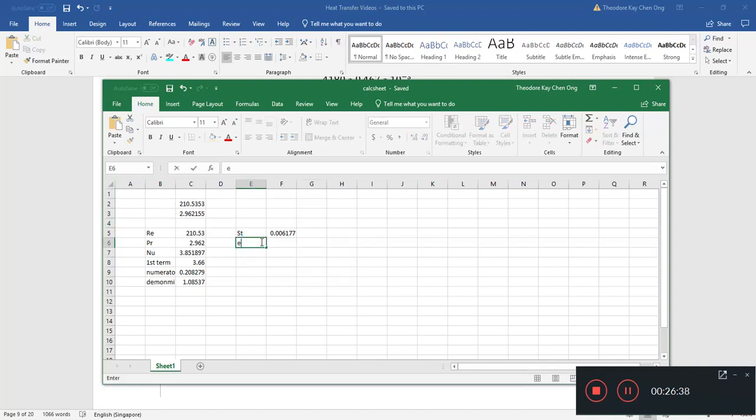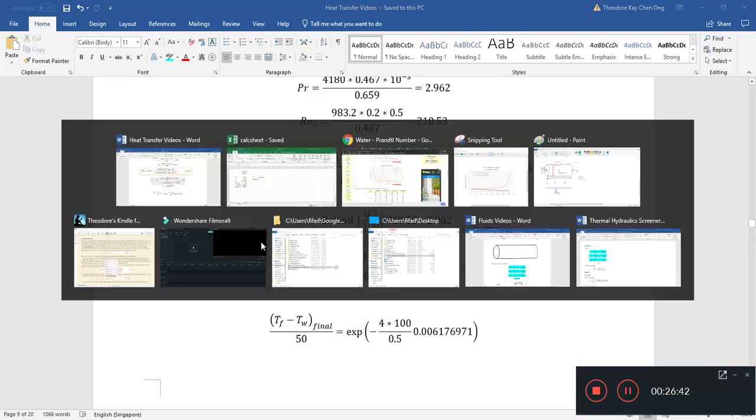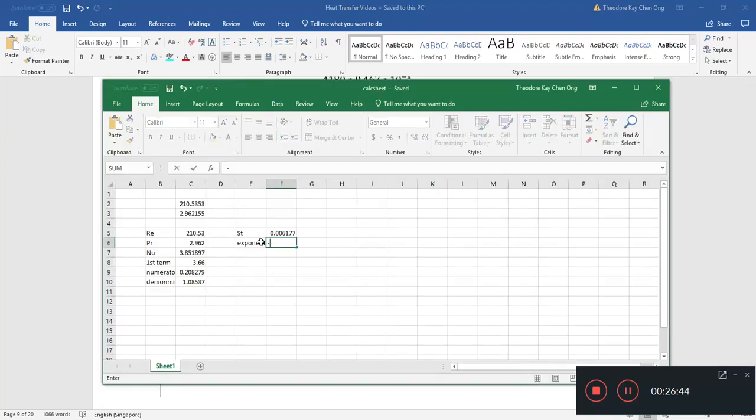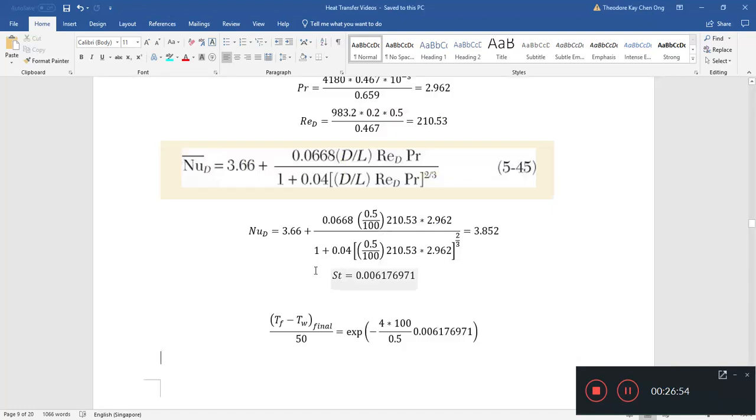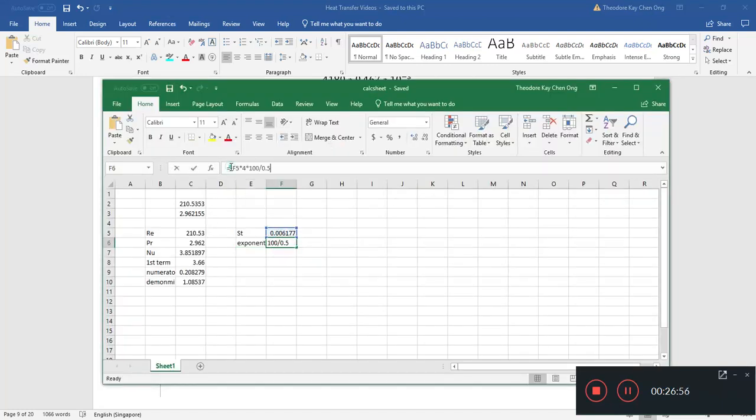Exponent equals minus Stanton number times 4 times 100 divided by 0.5. And we'll exponentiate this.